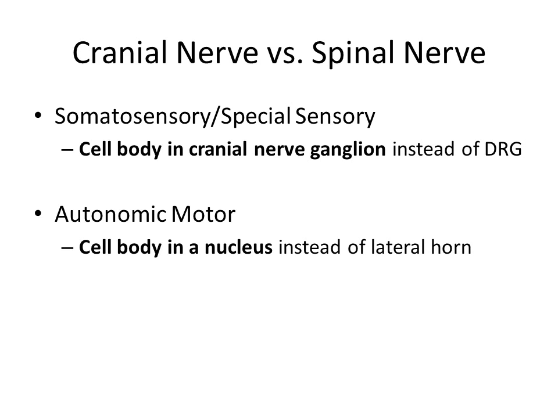Continuing our comparison of cranial nerves and spinal nerves, let's move on now to sensation. The somatosensation that is coming in through our spinal nerves, those cell bodies of those first order afferents are located in the dorsal root ganglion.